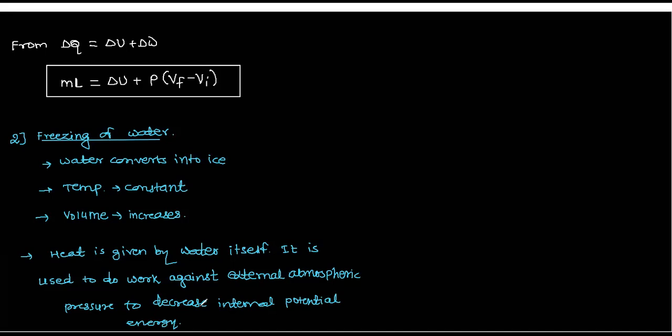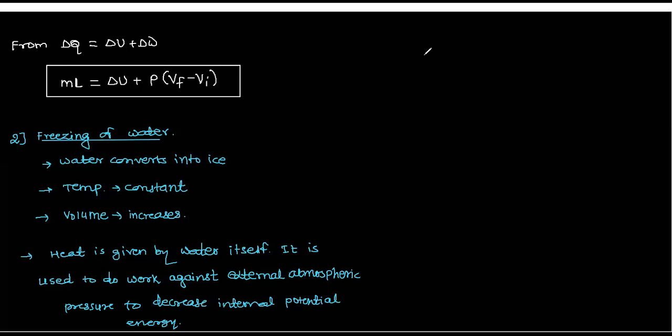Here, when water converts into ice, internal potential energy decreases. Kinetic energy remains the same. In the previous case, when water was boiling, internal energy was increasing. Here it is decreasing.